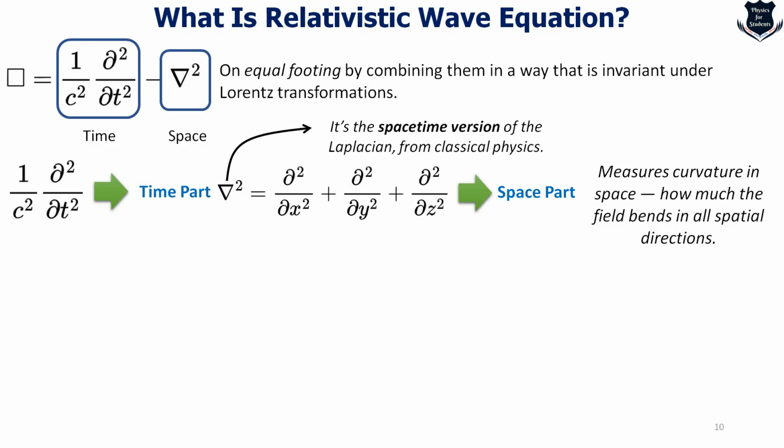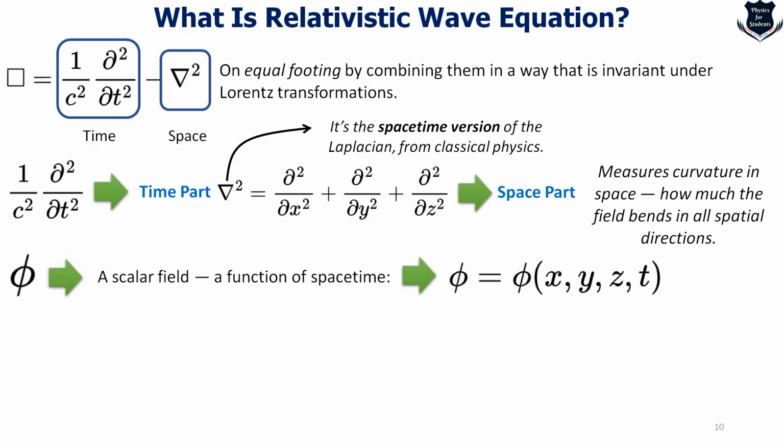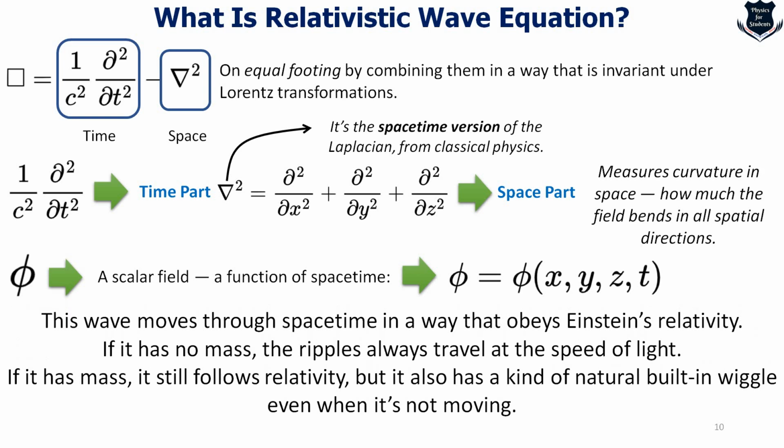What you can see from here is that phi is basically a scalar field. It is a function of space-time, that means x, y, z and t. It is four-dimensional. And this wave moves through space and time in a way that obeys Einstein's relativity. That means if it has no mass, it ripples away and travels at the speed of light. But if it has mass, it still follows relativity.